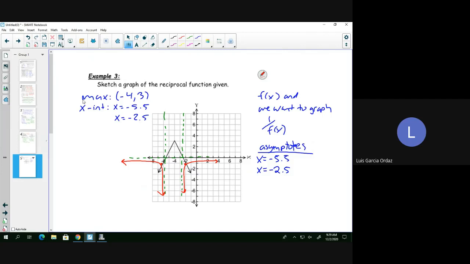Okay, and because we have a maximum in f of x, what is our reciprocal going to have? A minimum, at negative 4 and 1 over 3. What's the reciprocal of 3? 1 over 3.